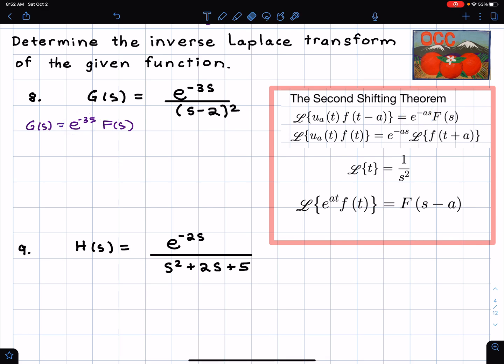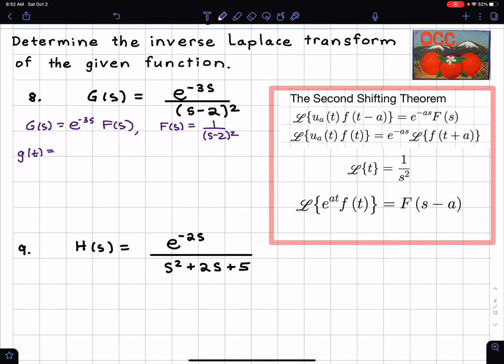Now, if I have that, this would imply that F of s is equal to 1 over (s minus 2) squared. Now, the inverse Laplace transform of this function here is, according to our formula, the unit step function u of a times f of t minus a.